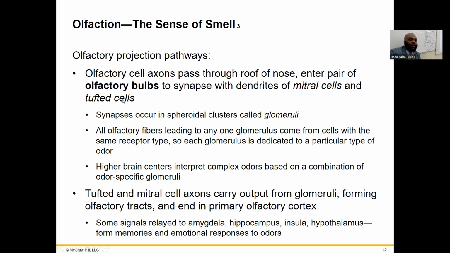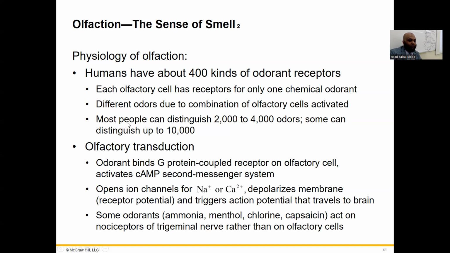Now, this was the process of detection. Since we are firstly detecting the odor by detecting odorants, or taste, we are detecting tastants.